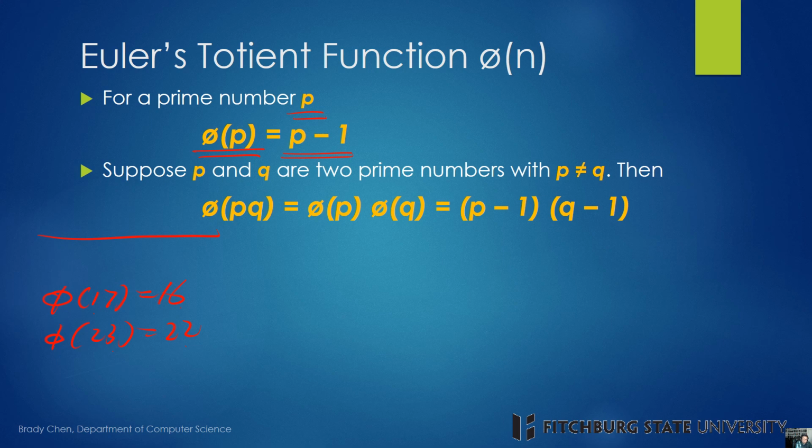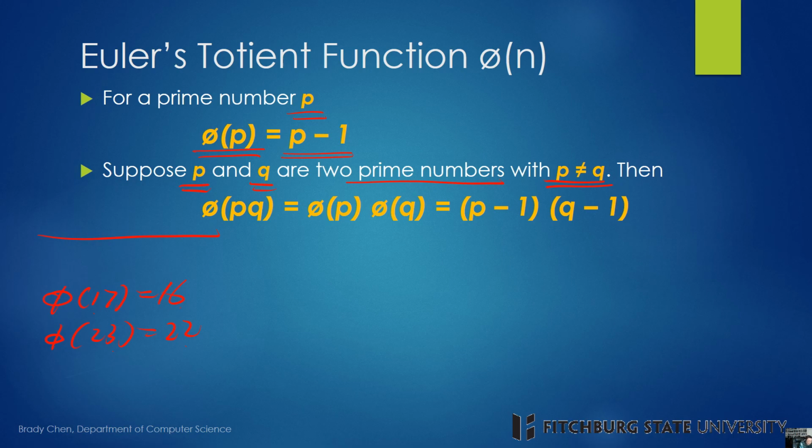Now, the other property about Euler's Totient function is very important. Suppose I have a p and a q, and p and q are two prime numbers. P is a prime number, q is a prime number, and p and q are not the same.